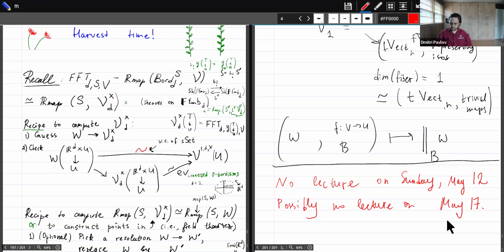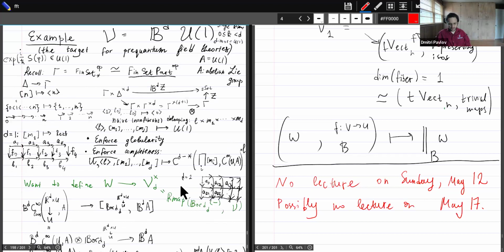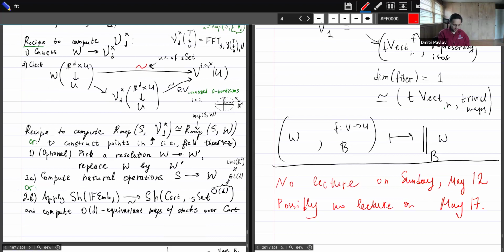And that would mean we have a break of 3 weeks at least. Or maybe another option is I can try to finish part 2 of the recipe today. Part 2b, in which we will make an explicit computation for 2-dimensional or d-dimensional functorial field theories. And that would be another option, but it's up to you what you want.